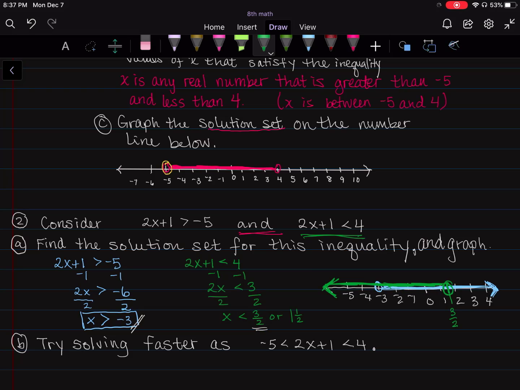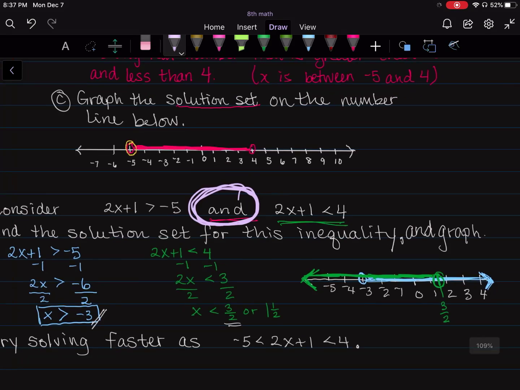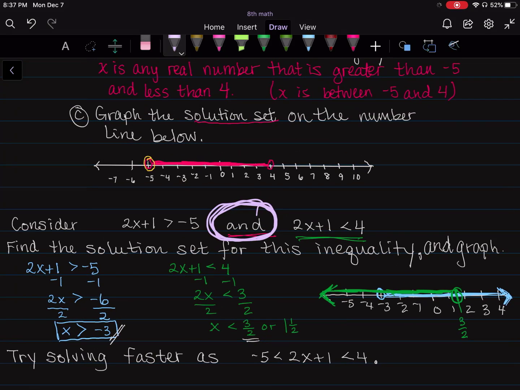Now, look back at what problem we were solving. We were in an "and" situation. As you can see, I'm circling "and" nice and big. Because we are in an "and" situation, I need the part that happens to be covered by both the blue and the green. That's this region in here.